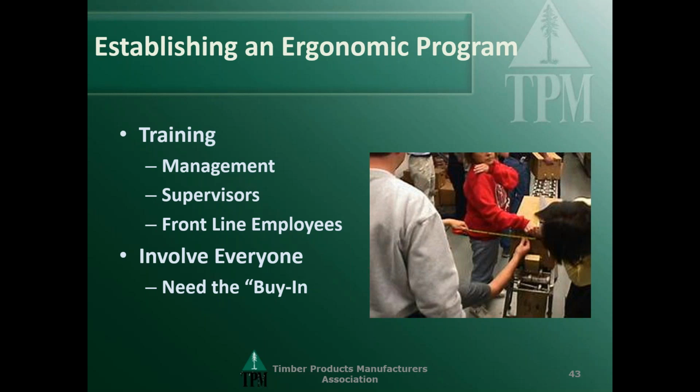If your employees don't understand what you're doing and they just think it's some management thing to make them produce more boards, then you don't have any hope. If everybody understands what we're trying to do and why, and if you tell people, yeah, we're trying to make your job easier, make it so you don't get hurt, you tend to get some buy-in, but you're going to need that buy-in at every level.